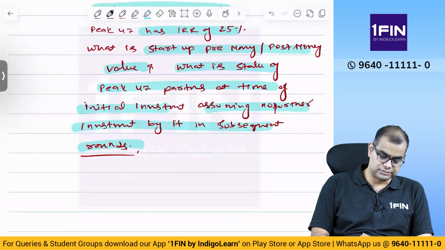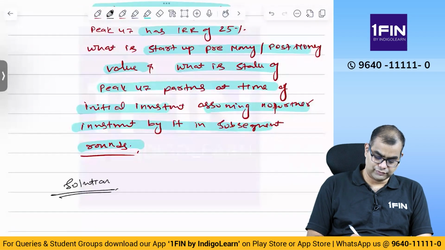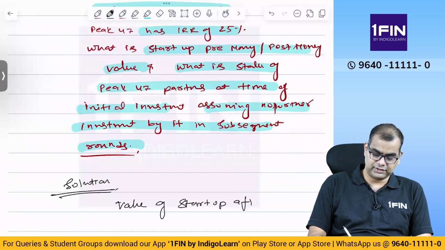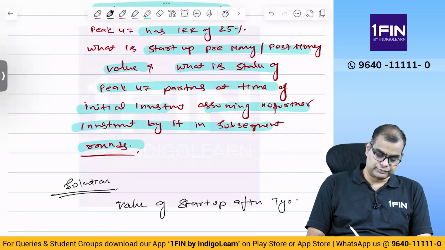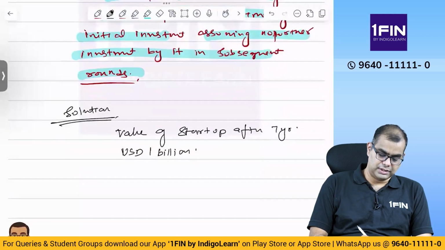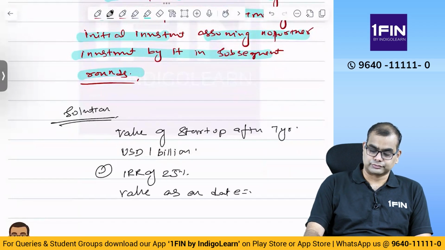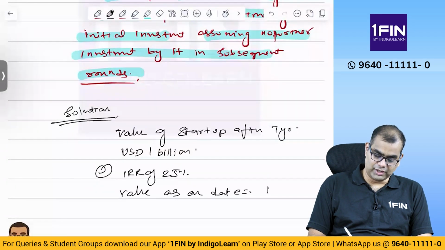Let us look at the solution. Value of startup after 7 years, USD 1 billion, at an IRR of 25%, the value as on date is equal to, what will it be? 1 billion, that is 1000 million, divided by 1.25 whole power 7.